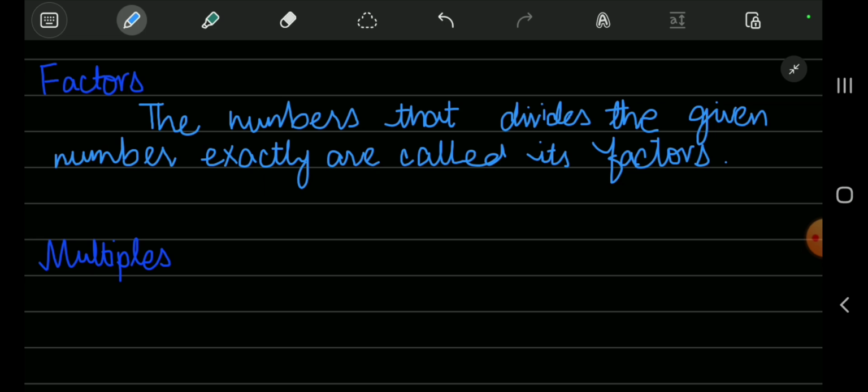Or you can say the factors are in pairs.